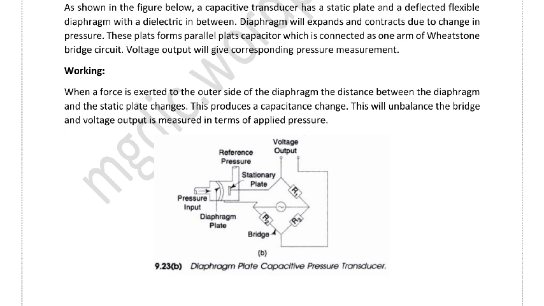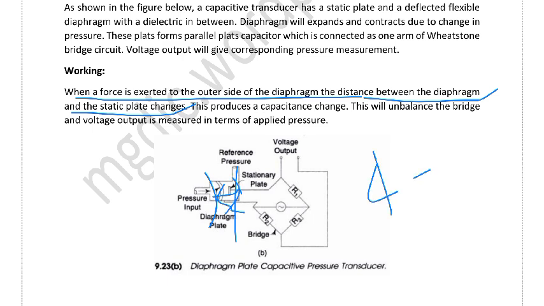When force is exerted on the outer side of the diaphragm, the distance between the diaphragm and the static pressure plate changes. When force is applied, this distance D is going to reduce.